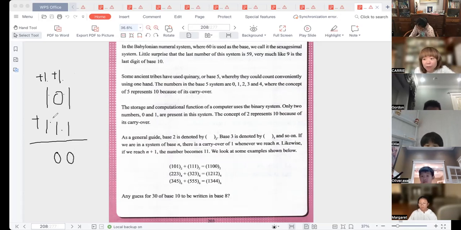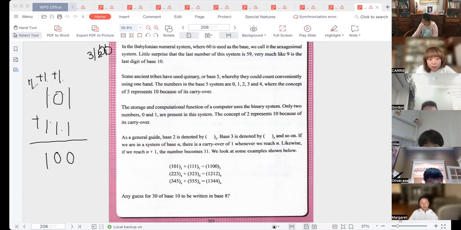How come it has 3? No, right? But you have to see how many 2s are in 3. There is 1, so we leave the 1 here and the carry over 2 still becomes 1. So the answer is 1100 in base 2. Get it, everybody?